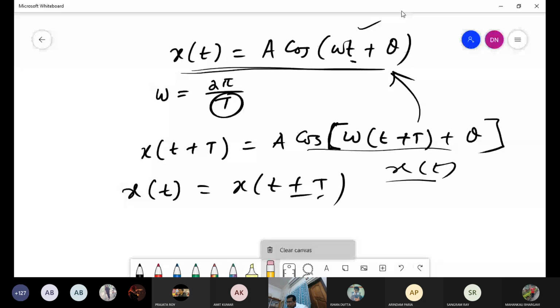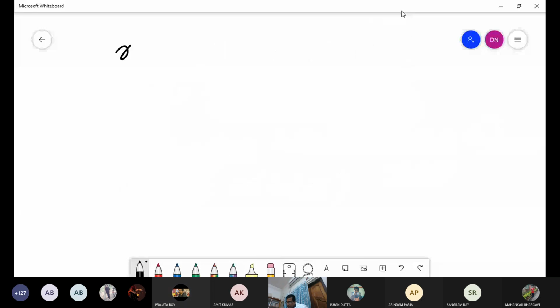Now in case of a discrete time signal, the cosine signal is represented by x[n] equals cos(omega n plus some theta). Now, what is the definition of a periodic signal in case of a discrete time signal?